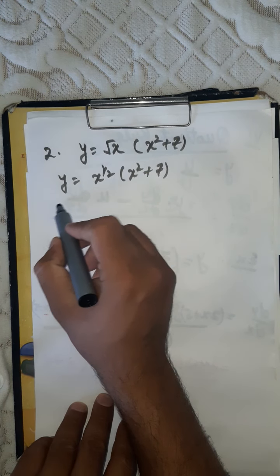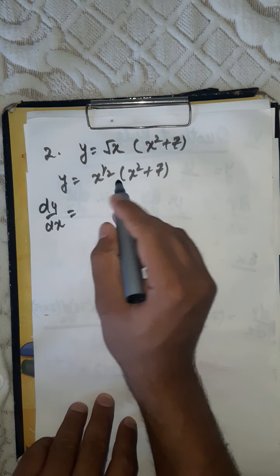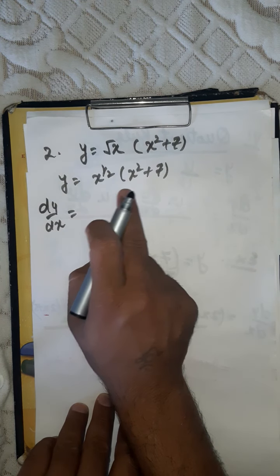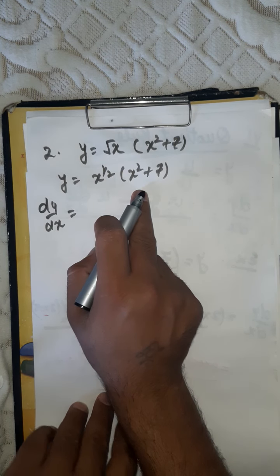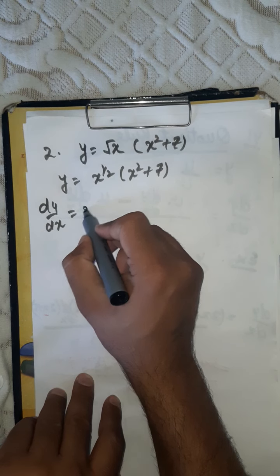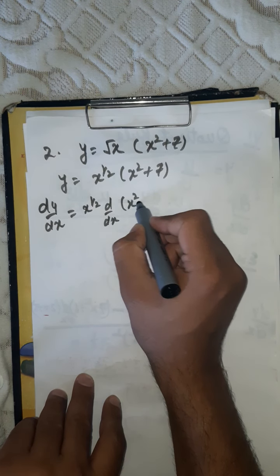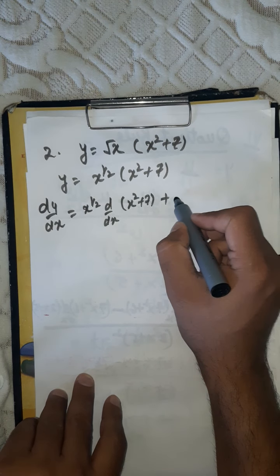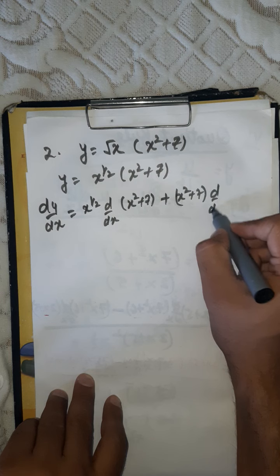Okay. So dy by dx. Remember the product rule: first function as it is, derivative of second, plus second function as it is, derivative of first.